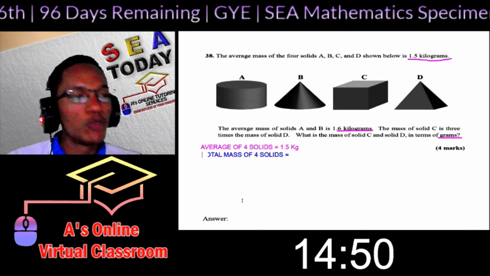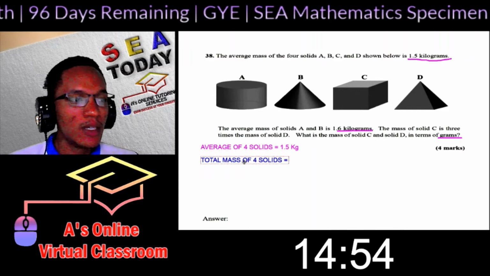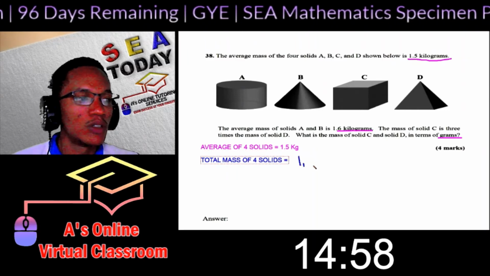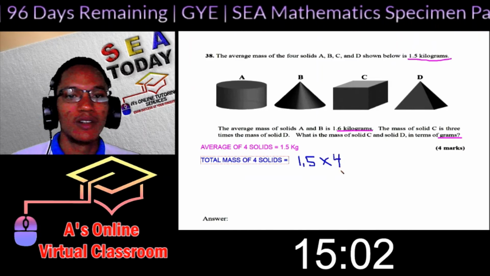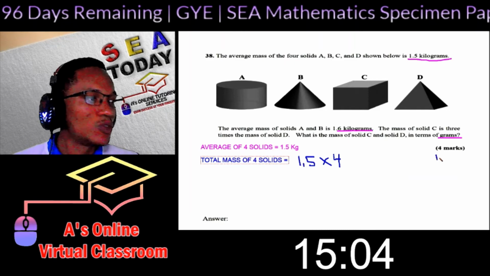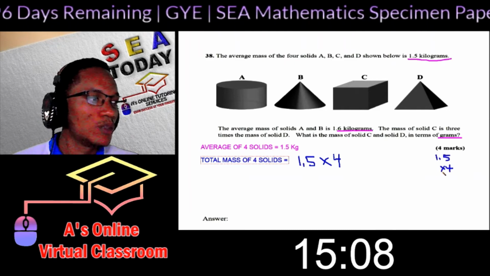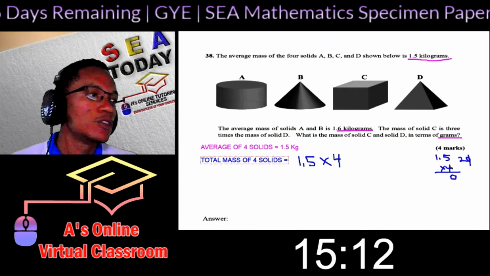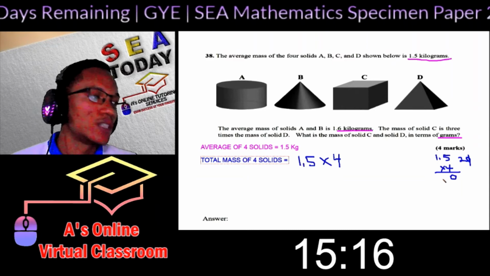So once they give you the average, you can find the total by taking the average, which in this case is 1.5, and multiplying that by the amount of things you added. So 1.5 times 4. We could do it mentally as well, but we need to show our working. 5 times 4 is 20. 4 times 1 is 4, plus 2 is 6.